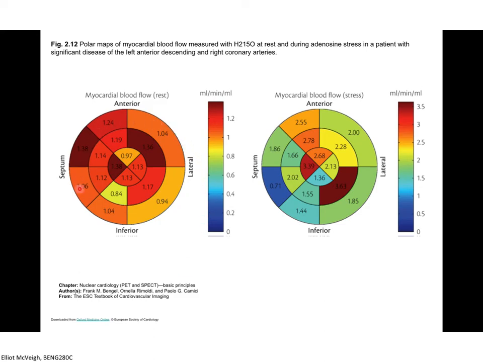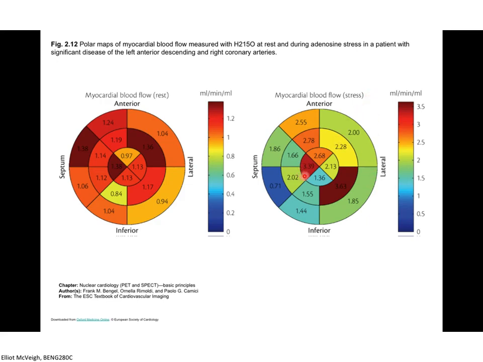So this is a person at rest. They measure their myocardial blood flow based on the amount of activity they measure in the SPECT scan in mils per minute per gram or mils per minute per milliliter of heart. And then when they're stressed, it goes up, which it's supposed to, right?